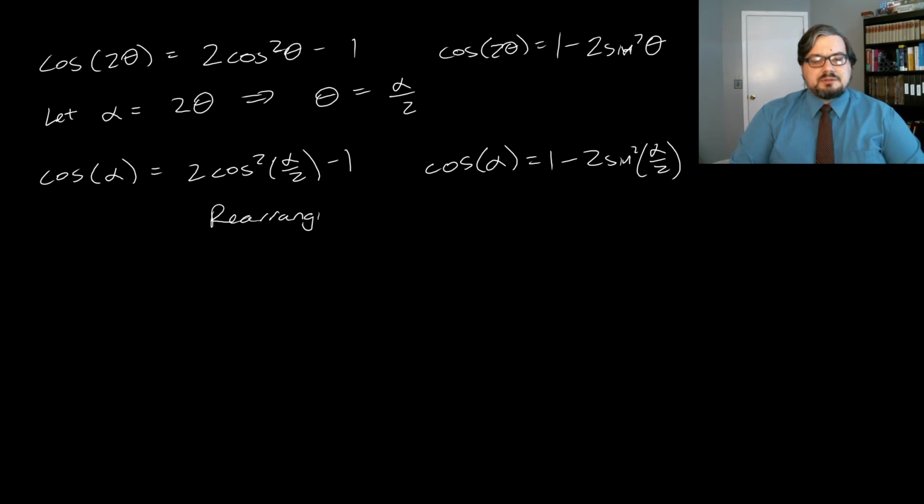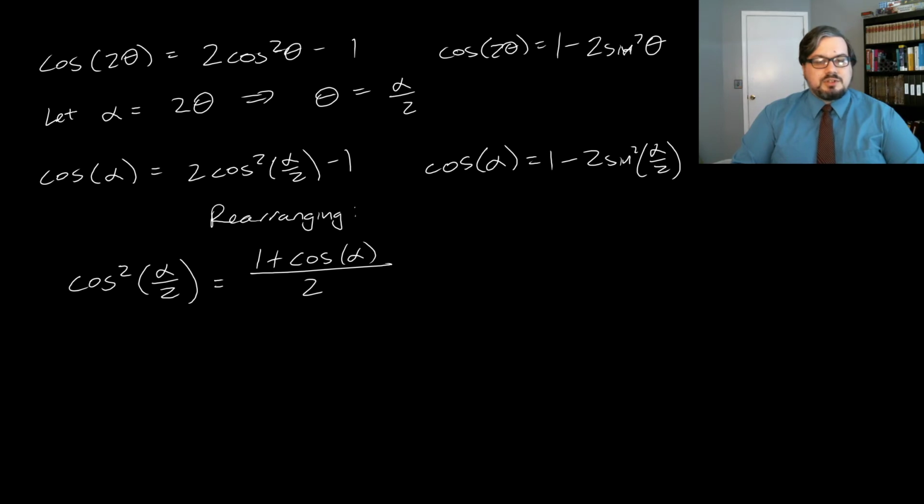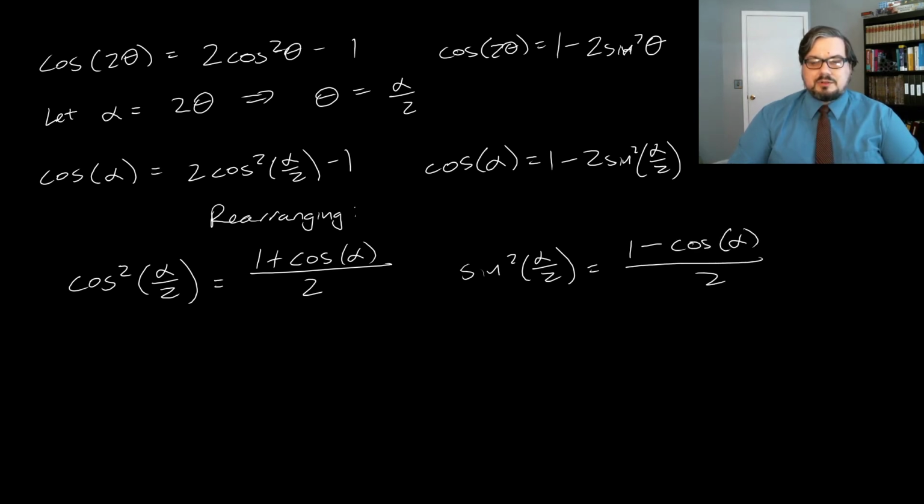Rearranging these, we get that cosine squared of alpha over 2 is equal to 1 plus cosine of alpha, over 2. And we get that sine squared of alpha over 2 is equal to 1 minus cosine of alpha, over 2.